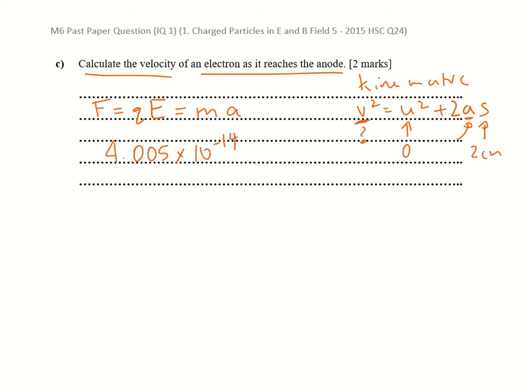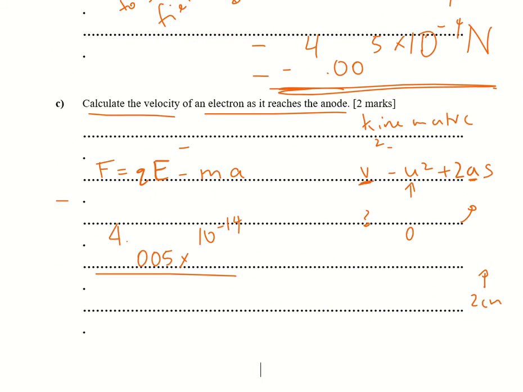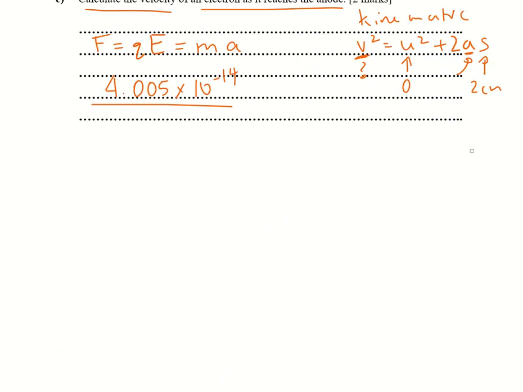So that's our value over the mass of an electron, which is 9.1 times 10 to the minus 31, that gives us our acceleration.